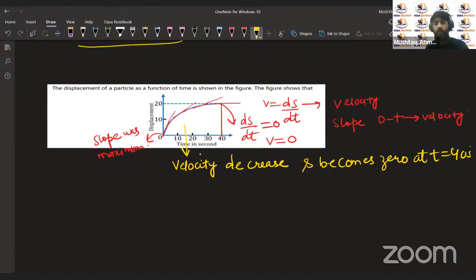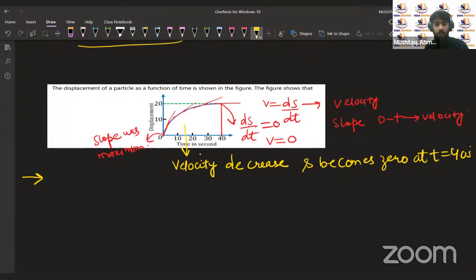So at time t equal to 40 seconds, the velocity of this particle becomes 0, because the slope of the position-time graph, or the displacement-time graph, here is equal to 0. If the velocity is decreasing, it means the acceleration here is retarding, right?